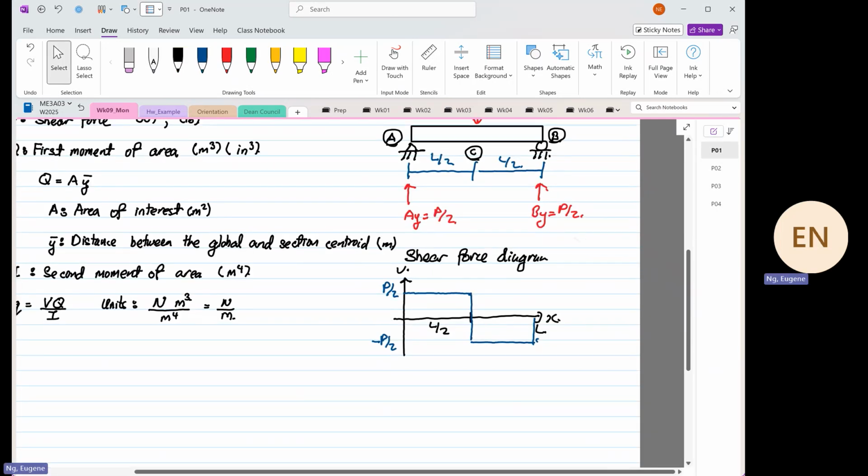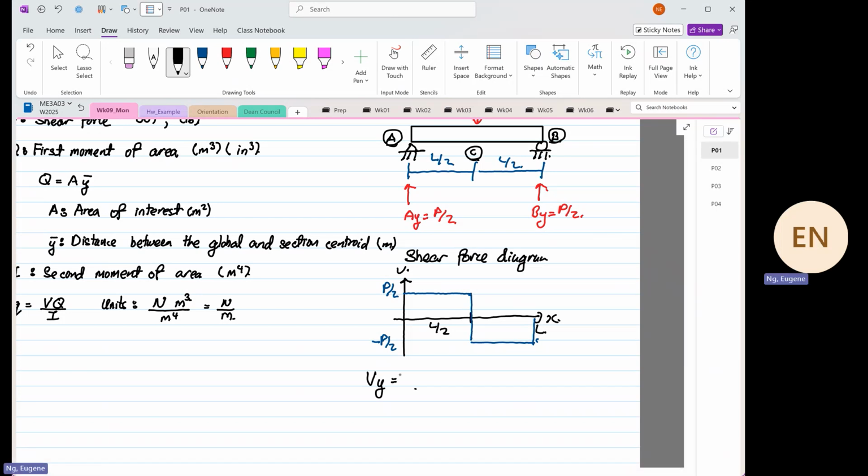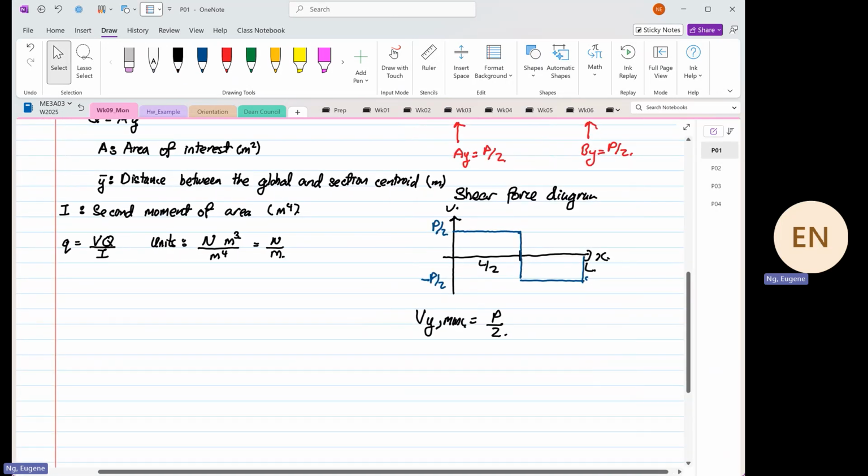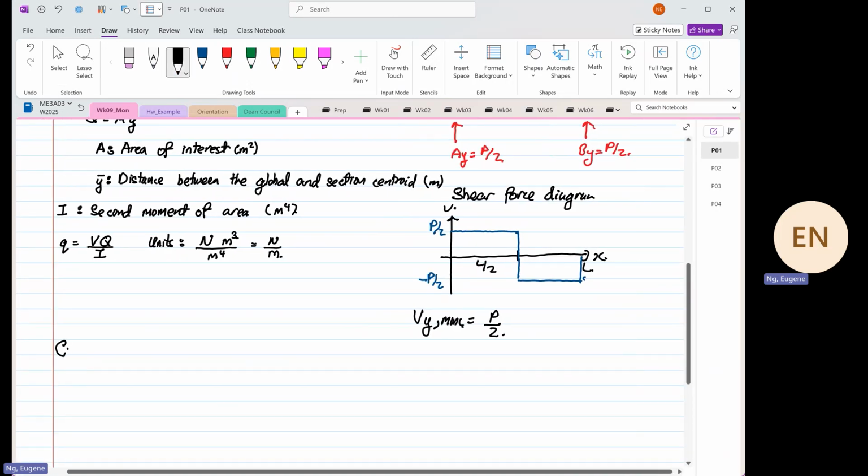So from here, we know that our V in our Y direction, or Vy max, is equal to P/2. Okay. The next thing that we are going to do is look at the cross-sectional area.